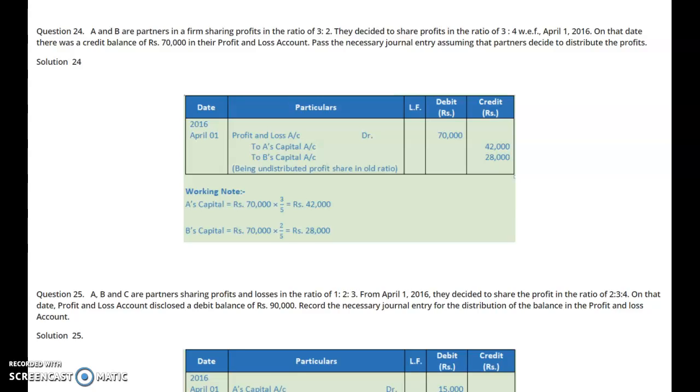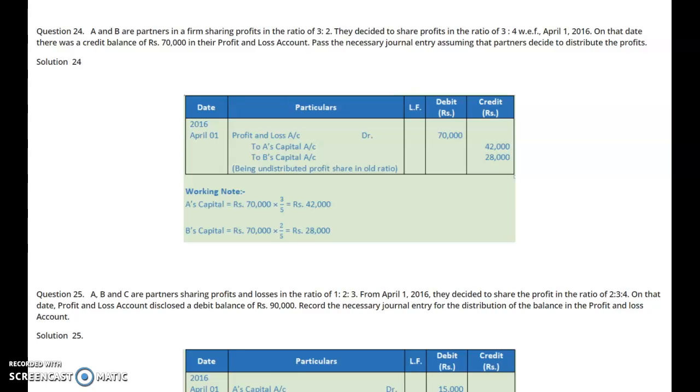Like here, A and B are two partners and their old profit sharing ratio is 3:2. They had a credit balance in the profit and loss account of rupees 70,000. This 70,000 will be credited to them in their profit sharing ratio. We do not have to calculate any gaining or sacrificing ratio because it is clearly mentioned that the partners decide to distribute the profits.